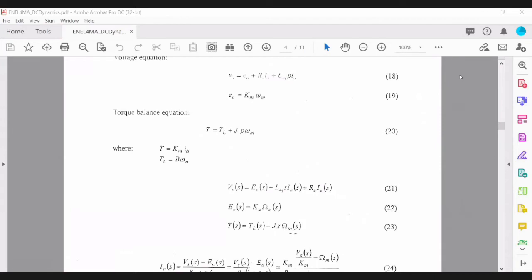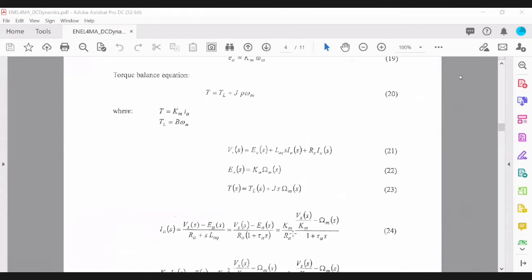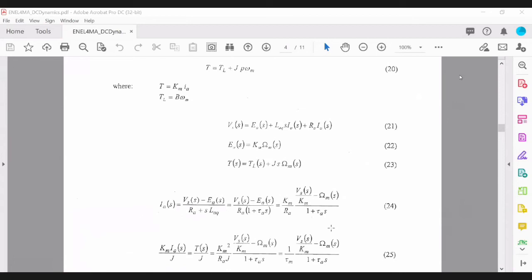Right. So these are the three equations basically describing the DC motor in Laplace transform, which is in your S domain. So we can now manipulate the equations to end up with the appropriate transfer function.